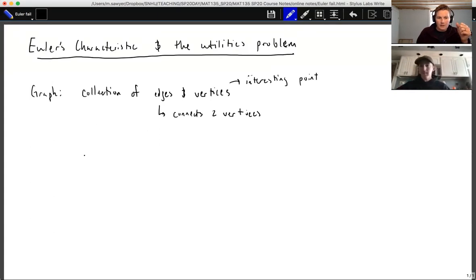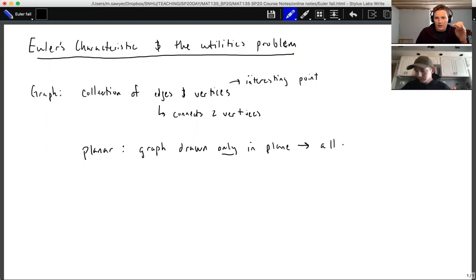And so when we talked about graphs, we also talked about the idea of planar graphs. So a planar graph is a graph that can be drawn only in the plane. And when we say a graph can be drawn in the plane, we're saying that all edge crossings occur only at vertices.